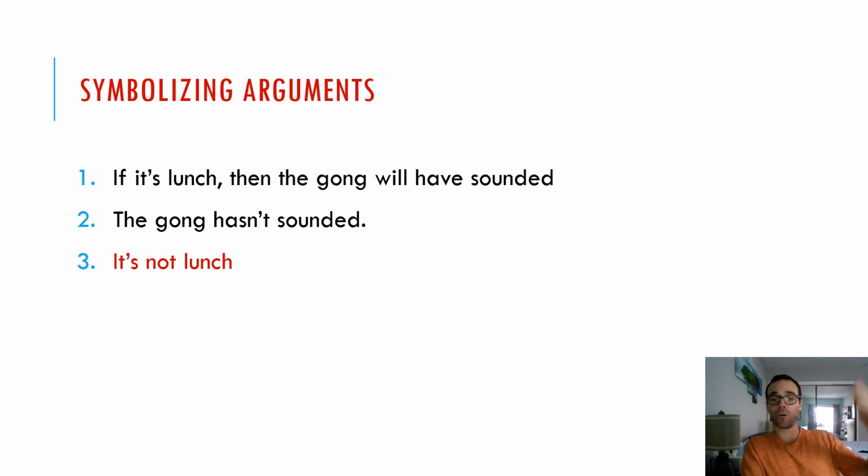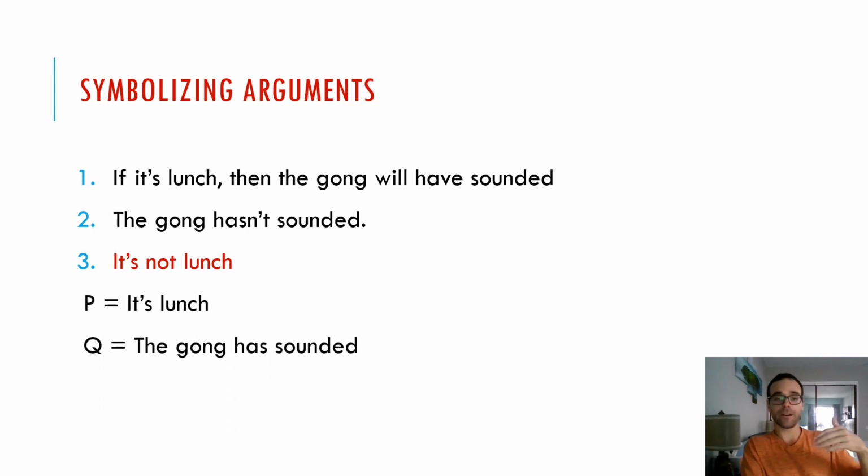So again, I will go through the entire argument and identify all of the simple propositions. Once I've identified all of the simple propositions, I will create variables for those. Here, there are only two simple propositions just used over again. And so the two simple propositions being used are: it's lunch, and the gong has sounded.